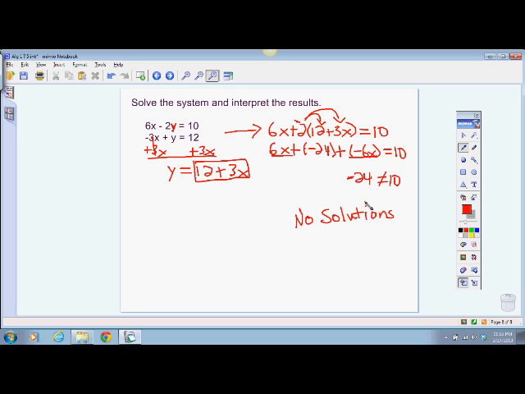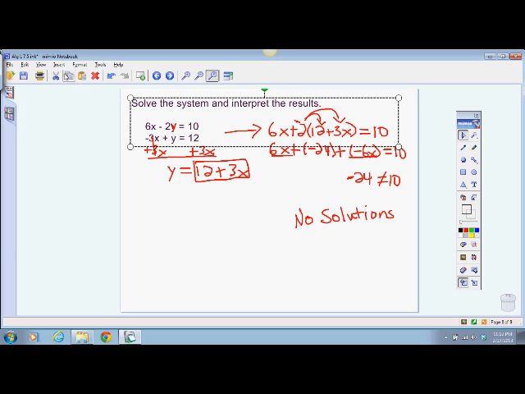One solution is when you can get an x value and a y value. No solutions is this, when you come up with an untrue statement. And infinitely many solutions means that every x and y value in a solution set on a line in a graph make both of these equations true. So if you chose to solve this with substitution, this is what would happen, and you could write no solutions.